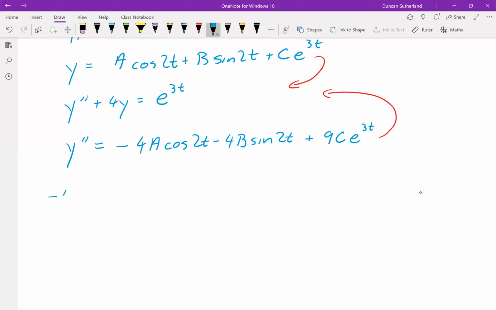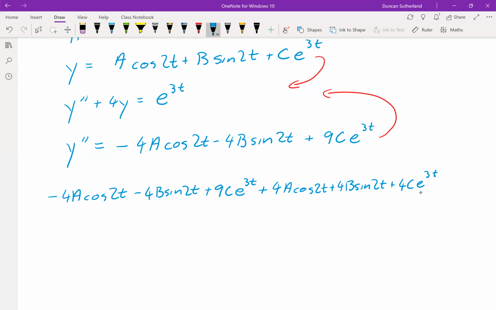So minus 4a cos 2t minus 4b sine 2t plus 9c e to the 3t plus 4 from this factor of 4 here, 4a cos 2t plus 4b sine 2t plus 4c e to the 3t. That's equal to e to the 3t. That's what our equation tells us.